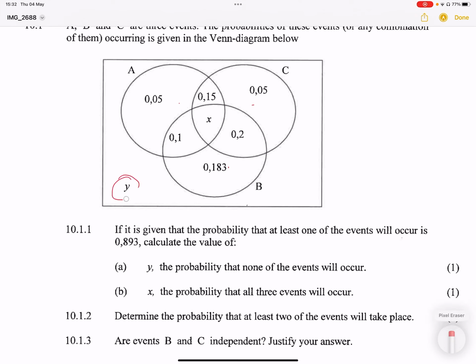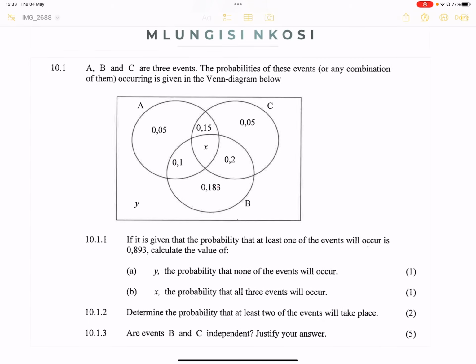So in this case, the probability of A or B or C would have been equal to 1 if they were exhaustive. But in this case it's actually 0.893, which means there is a likely event that none of the events will happen. So in this case, we say that they are not exhaustive. All right, let me not talk much.